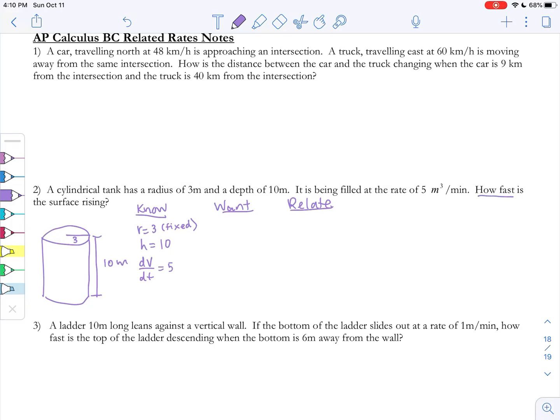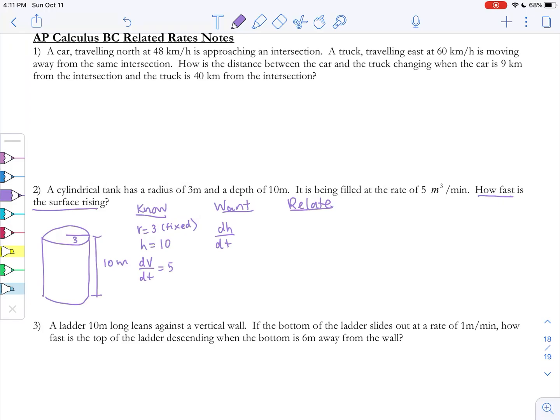When I go back to the question for my wants, I'm asked for how fast is the surface rising. So how fast the surface is rising is, with respect to time, how the height is changing with respect to time. So that is dH/dt. And since they didn't say at any particular moment in time, I'll just leave it at that, dH/dt.